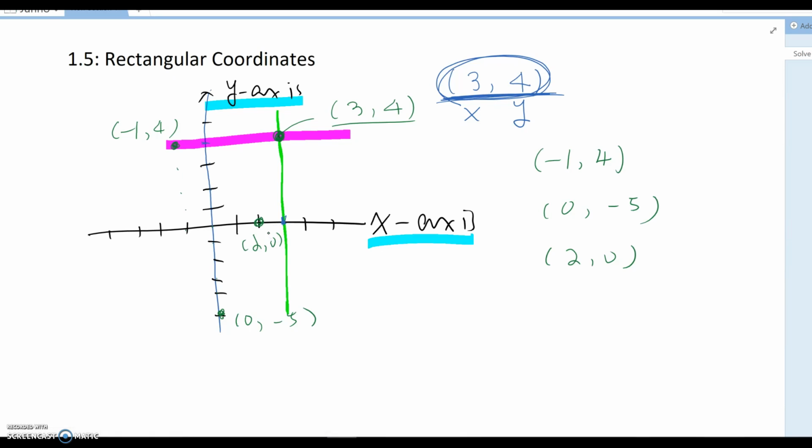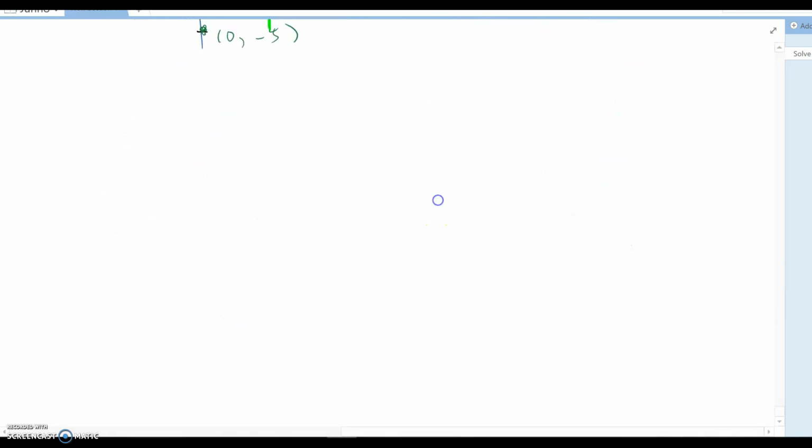Now, let's talk about the distance between 2 points. So first of all, the given points are negative 3, 8, and then negative 5, 12. So let's plot those points on the plane graph.